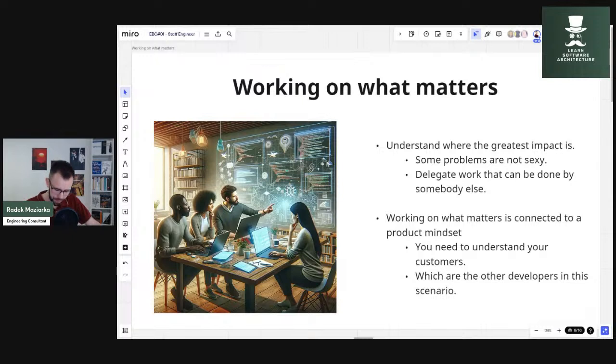When you are a staff engineer, your customers are other developers, and you need to understand their pains, what they are struggling with, where they are losing most of their time, to actually focus on that problem instead of work that is interesting to you but not giving so many benefits to the overall company. Based on that, we understand that a staff engineer works on parts that are maybe not sexy, but bring a lot of value to the actual company.